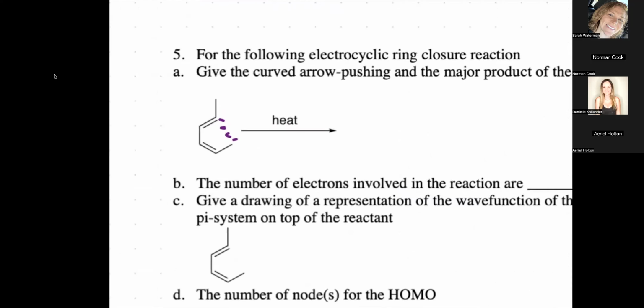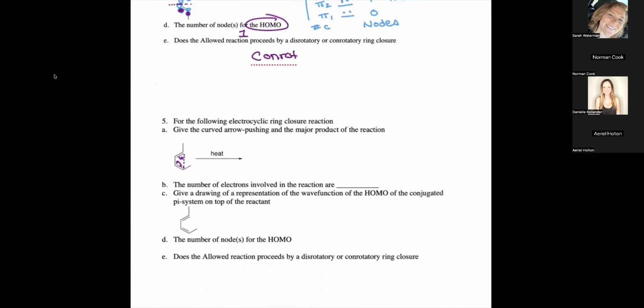It has to go to here, because the electrons need to be pushed around. If we do that, that's the curved arrow pushing we see.